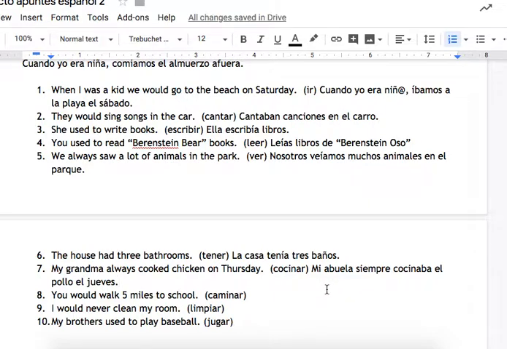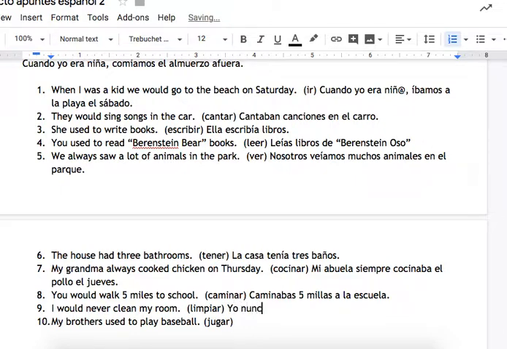You would walk 5 miles to school. Caminabas, because it's you. 5 millas a la escuela. I would never clean my room.